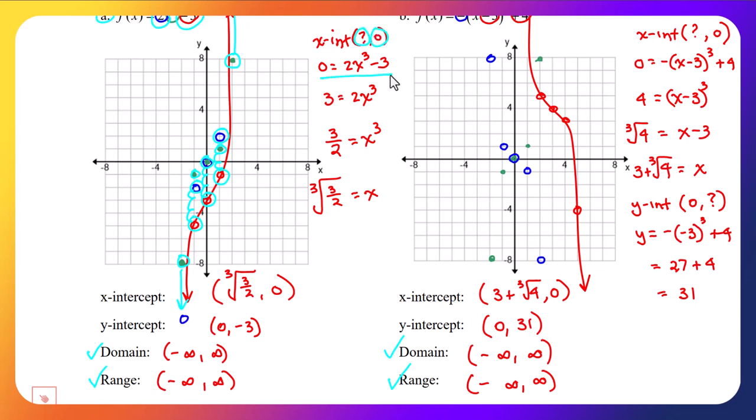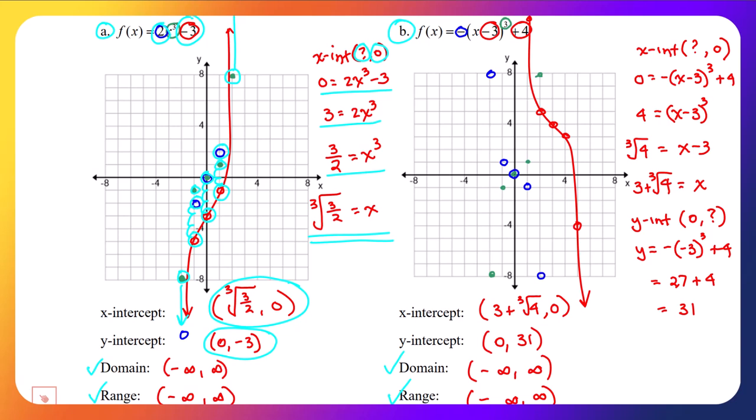So we plug in, add 3 to both sides, divide both sides by 2, and take the cube root. So there's the x-intercept. The y-intercept, we just plug in 0, but we can also see we went down 3, and it's 0, negative 3.